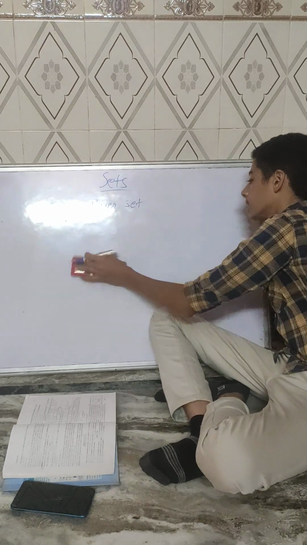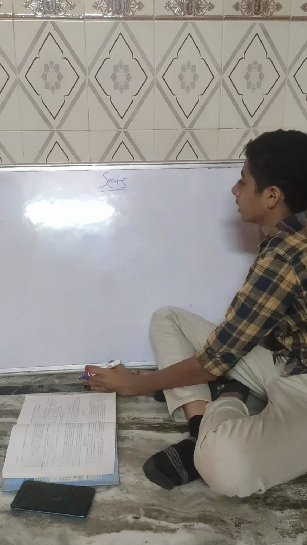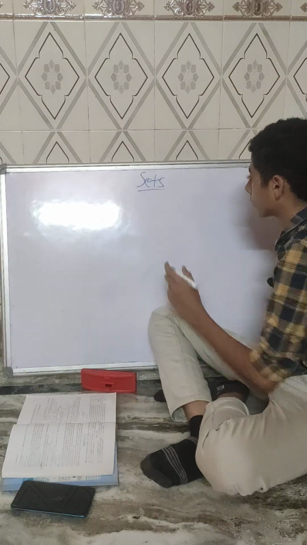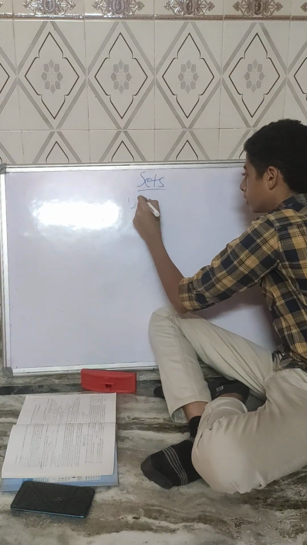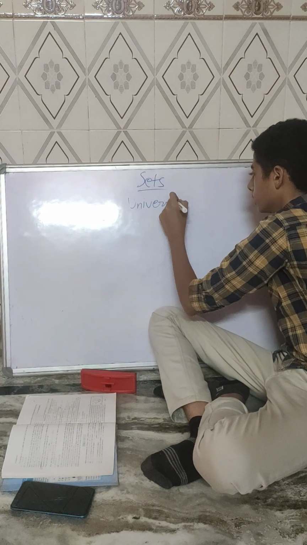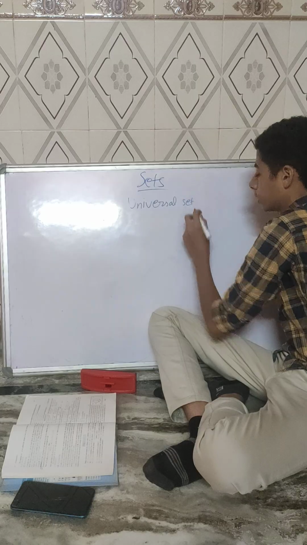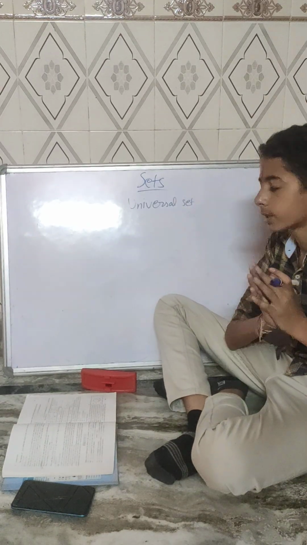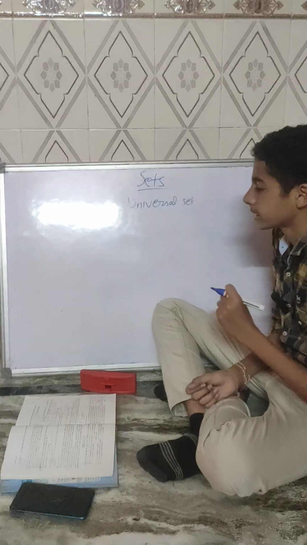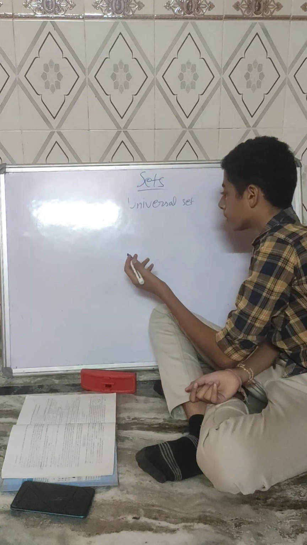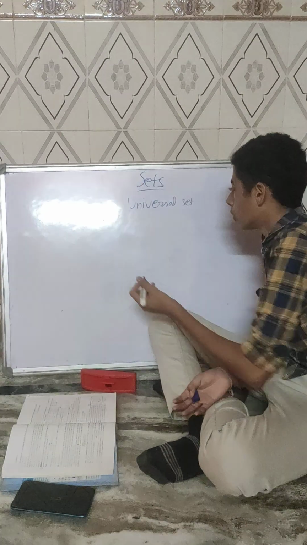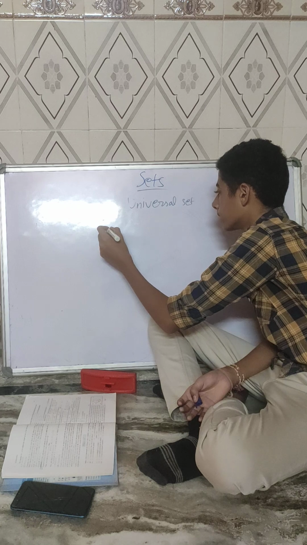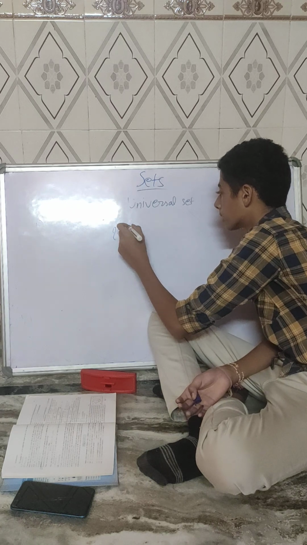As the name suggests, universal means the biggest set possible. Universal set is the biggest set possible. Now what is a universal set? The most used example that we take is of natural numbers, right?